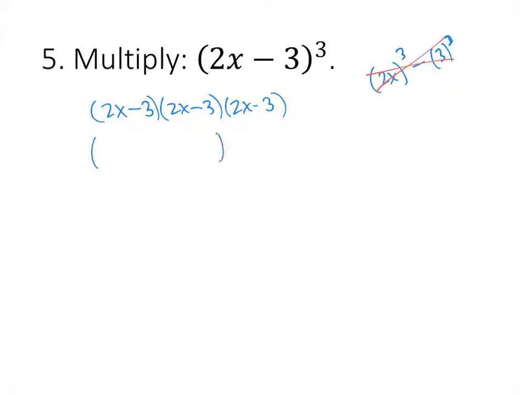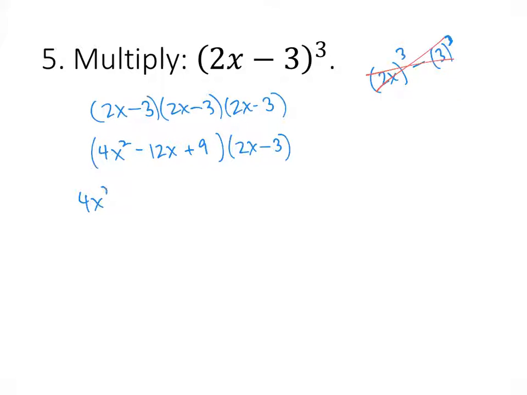Now this first multiplication, 2x minus 3 times itself, we can do that using FOIL. So we get 4x squared minus 6x gives me minus 12x, and then minus 3 times minus 3 is plus 9. And now we can distribute just like we did in the previous problem.